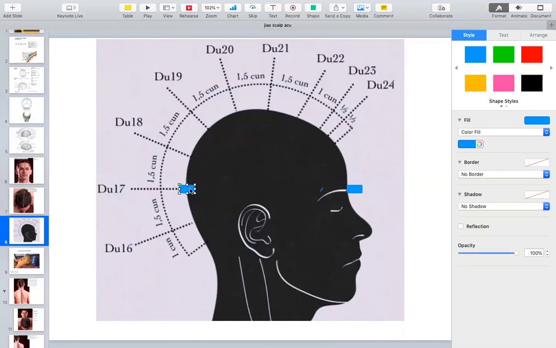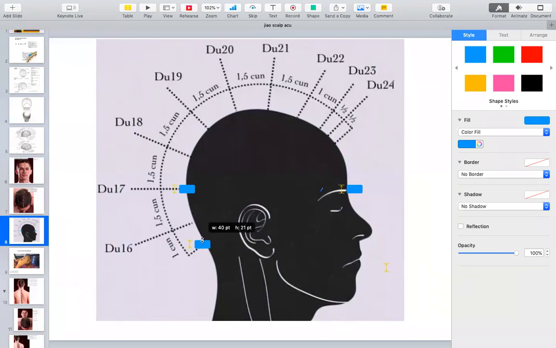Here we find one elevated part on the back of the head. How to find this elevated part? We know where our hairline ends on the back side. Suppose this is the ending of the hairline.